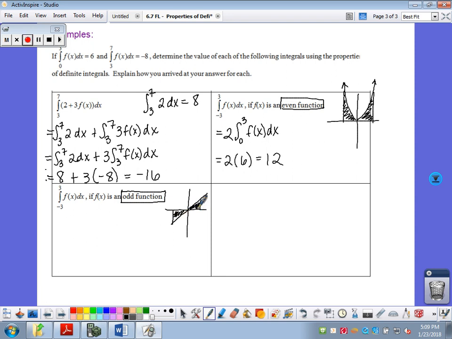You might have triangles of similar size and dimensions, so their areas will equal 0 since one of them is below the x-axis and one is above the x-axis. So, for an odd function, if these are limits that are the same except for the signs, this will equal 0 because it's an odd function and it's going to cancel out.